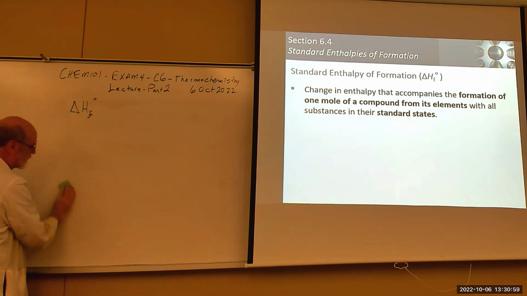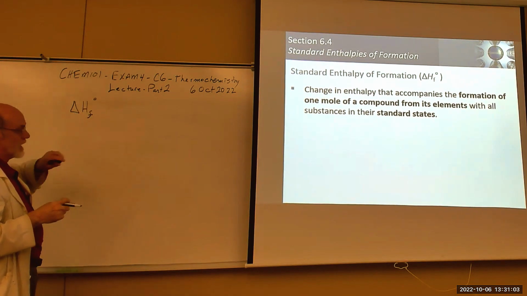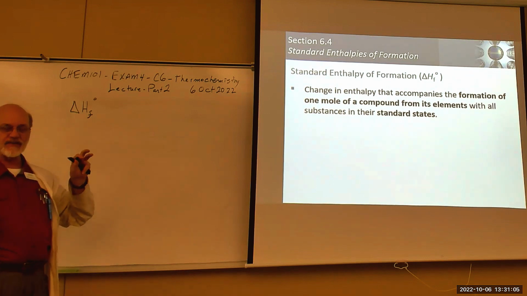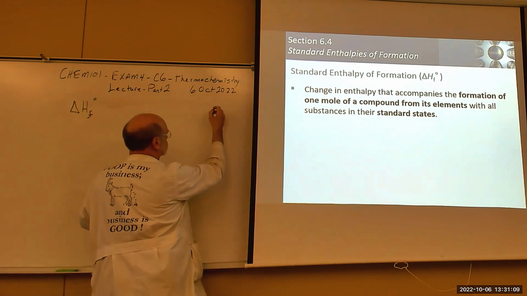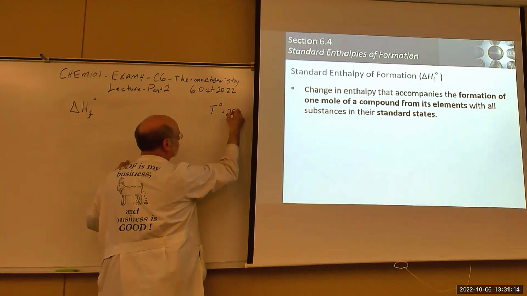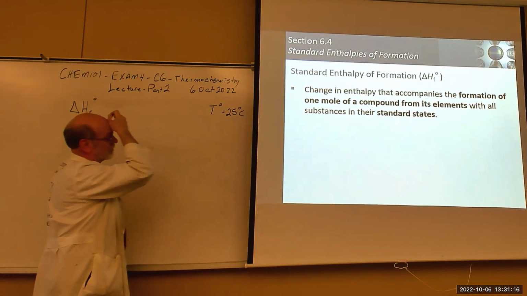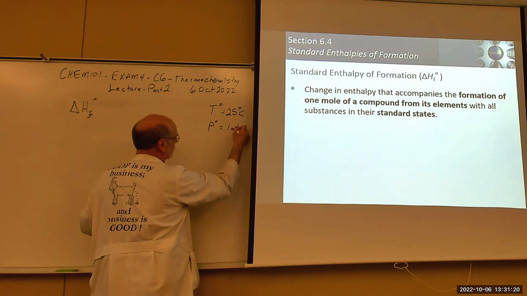So what do we mean by standard enthalpy of formation? Well, we need standard conditions, right? And for these reactions, remember gases were a little bit different. I kind of gave you a heads up there. Standard temperature is 25 degrees C. Standard pressure is 1 atmosphere.